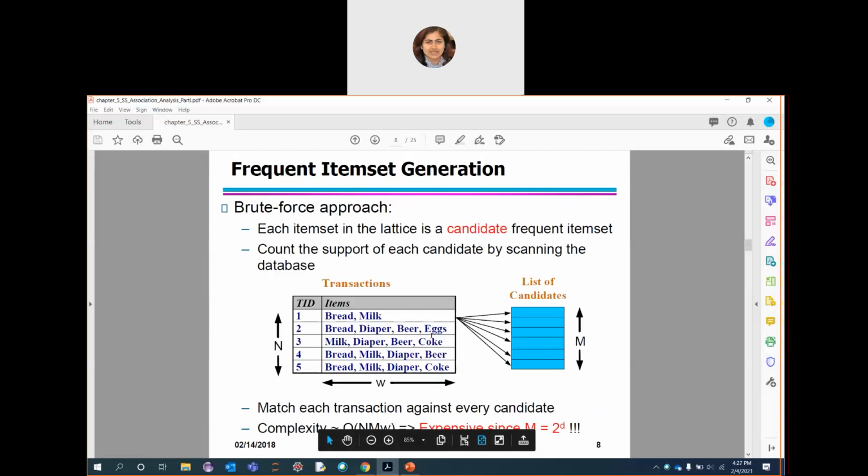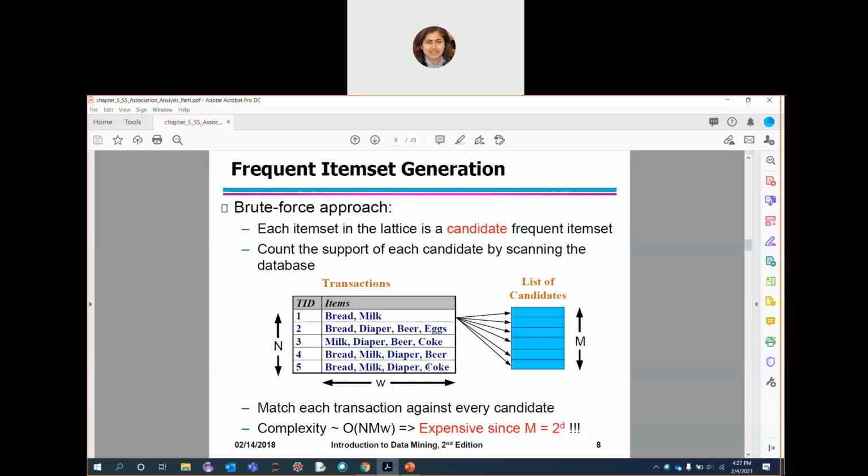So if the candidate is contained in a transaction, then its support count will be incremented. For example, the support for bread milk is incremented 3 times because the item set is contained in transactions 1, 4, 5. Each time it appears in a transaction, its support count will automatically increase.